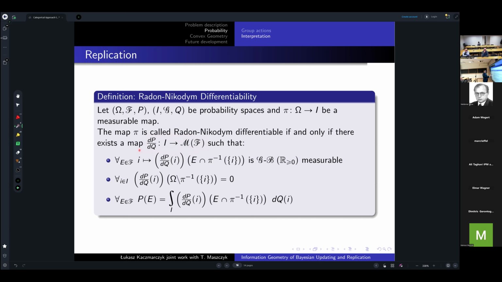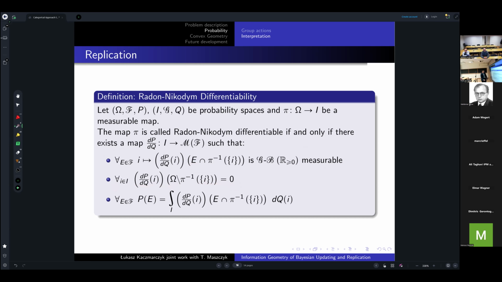And again, just like in the disintegration of measures, this has to be a measurable map if we feed it with any measurable set. The summary of the value of this Radon-Nikodym derivative on the I fiber of pi.